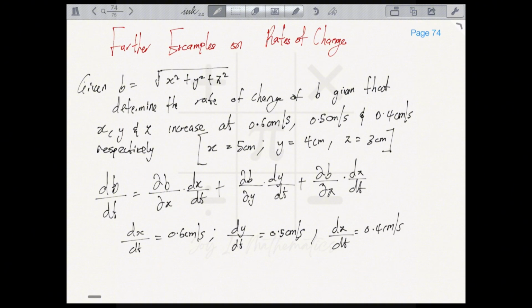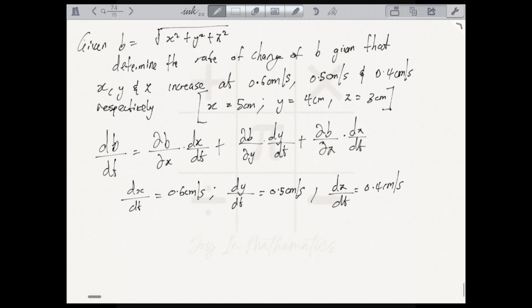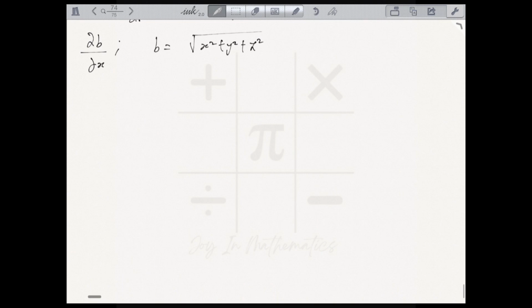So the first thing to do is to evaluate dB/dx. Evaluating dB partially with respect to x. Now b is equal to the square root of x squared plus y squared plus z squared, and you can rewrite this as x squared plus y squared plus z squared all raised to power half.